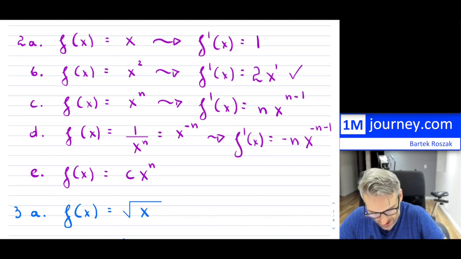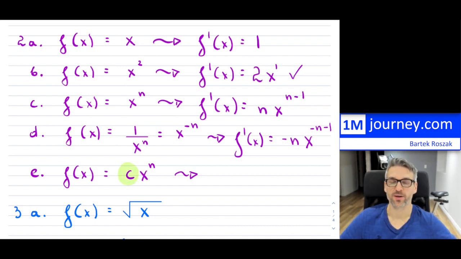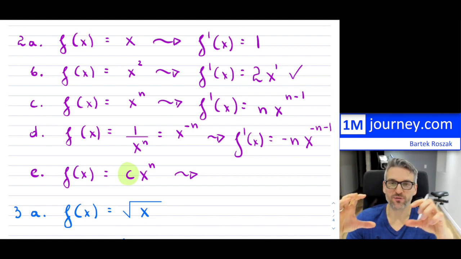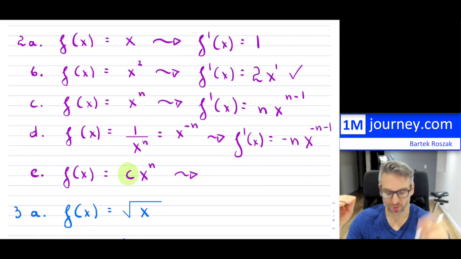And now you might say, well, that's interesting. Does that mean that all of these follow the same pattern? Meaning, what if I have now some number in front right here? Do I still do the same thing? Yes. So a constant, a number in front, a factor, which is just a number, will not change what we do.